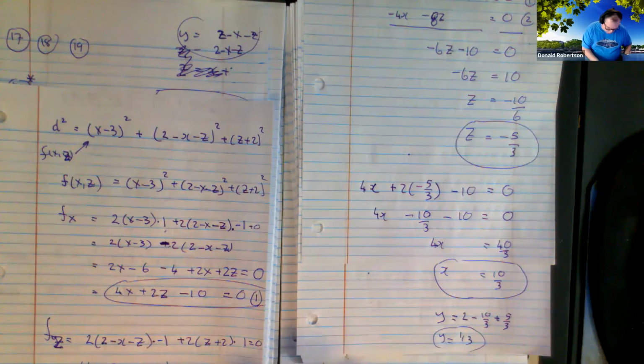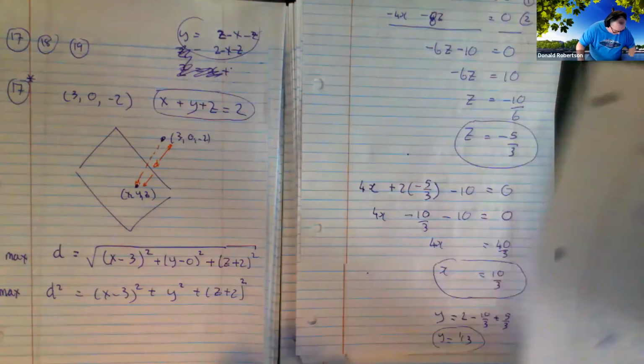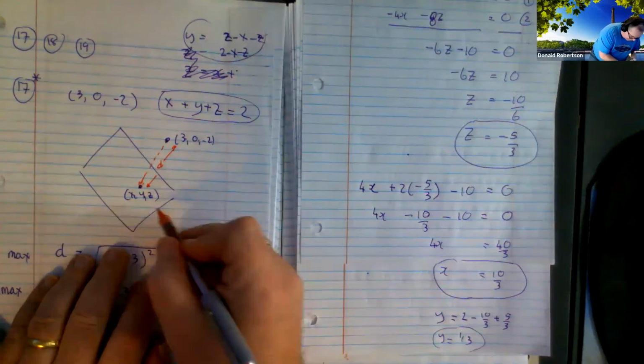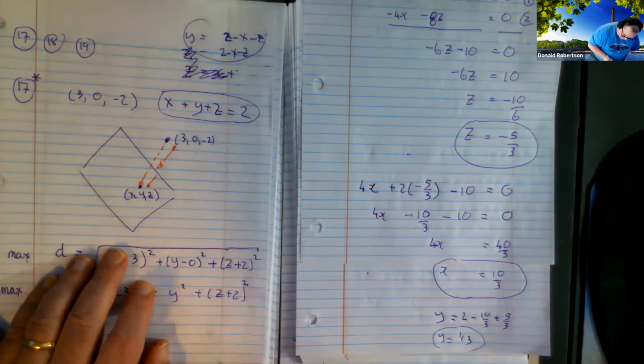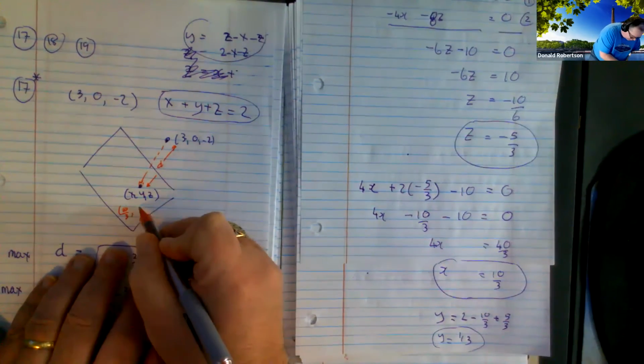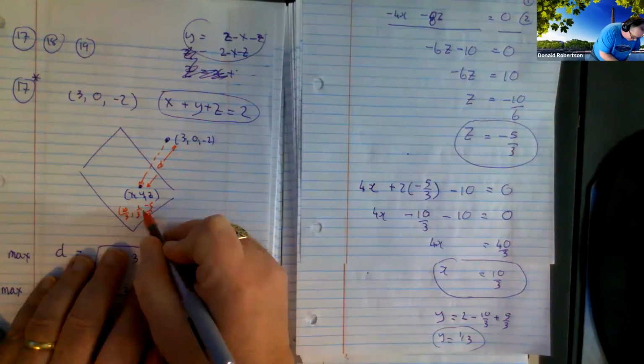Okay. So what we have found, this guy here, is actually the point on the surface. So this magic point, now that's the shortest distance, happens to be the point with coordinates x 10/3, y 1/3, and z negative 5/3.